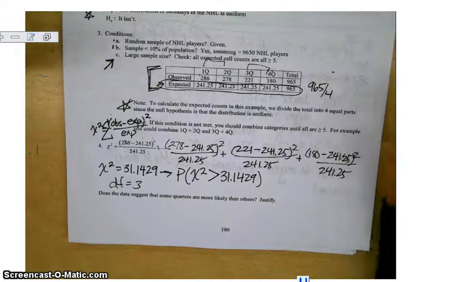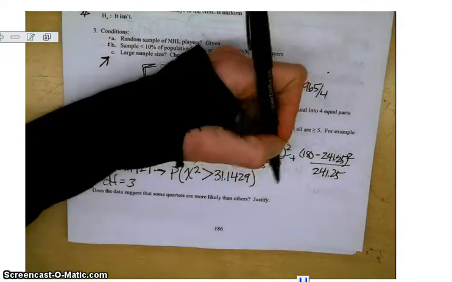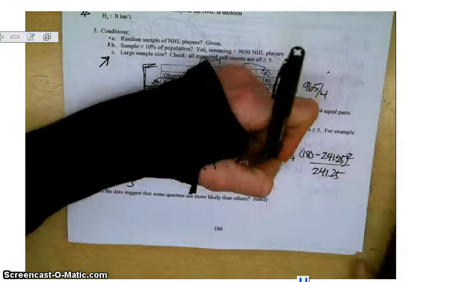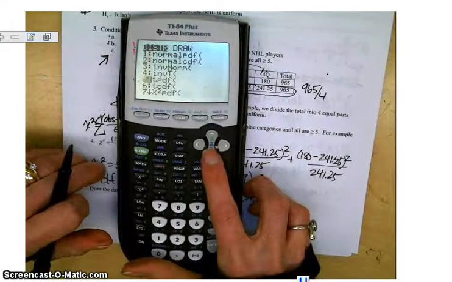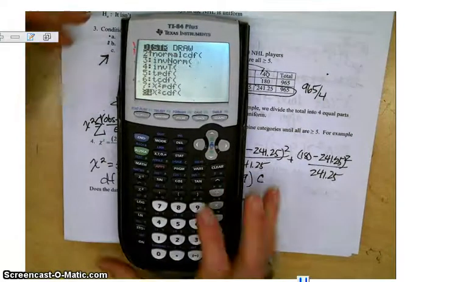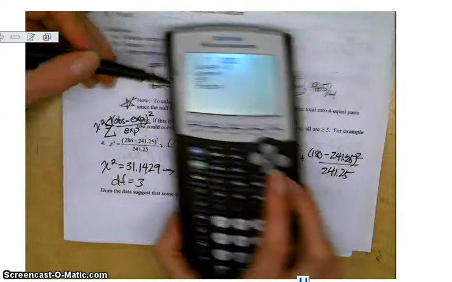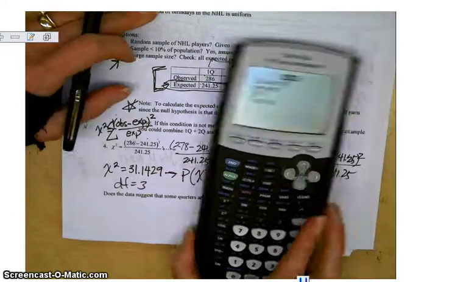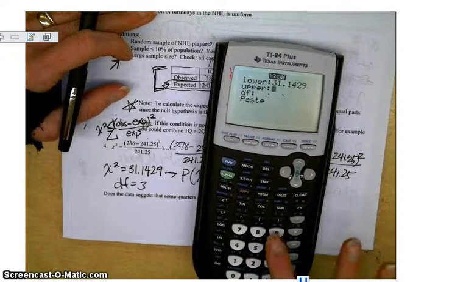Every test gets a p-value that goes with it. So you're going to do second distribution, and it's right there, chi-square CDF. Your lower bound is always your chi-squared value, 31.1429. Your upper bound is infinity.